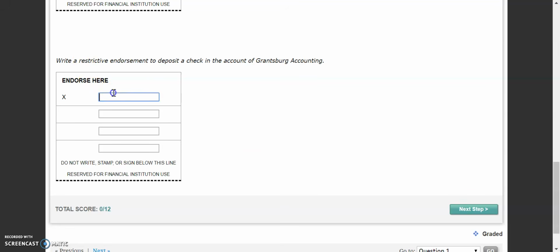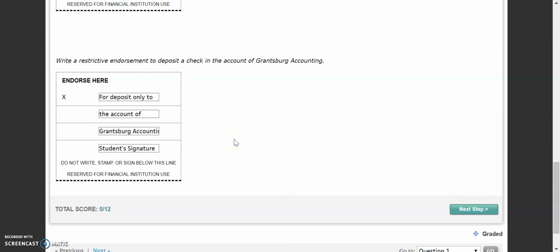So our first line is for deposit only to the account of, and then it's going into Grantsburg Accounting. And then we still need to sign, because remember, our name is on the front of the check.